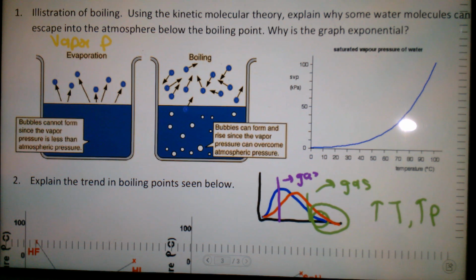Those particles are able to go from the liquid into the gas quite a lot easier. So that's really the only difference here: where that threshold energy falls, and then looking at the Maxwell distribution of speeds, how many of them have the energy to escape.